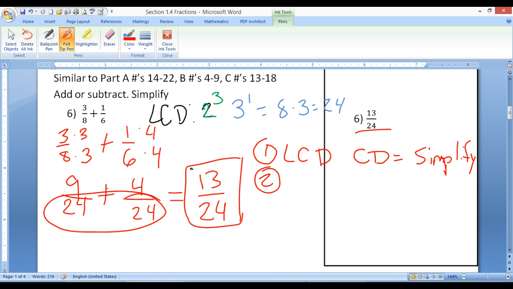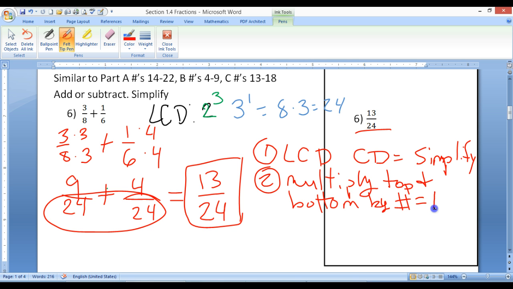So multiply to top and bottom by the number, sorry for my handwriting, and I'm going to use a number sign, to get the lowest common denominator, or the common denominator if you prefer that method.